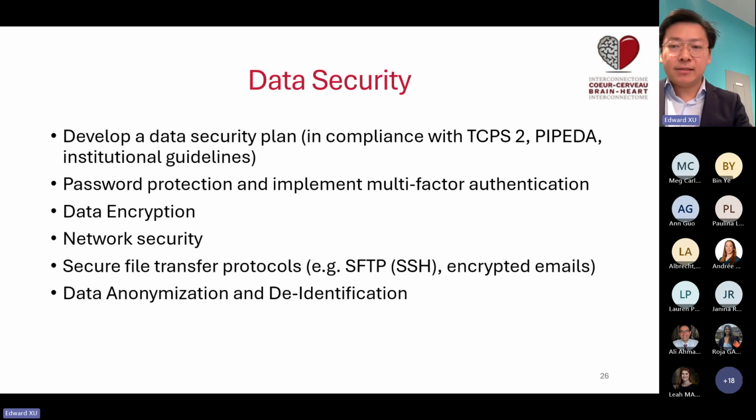When sharing sensitive data, use secure file transfer methods such as SFTP via SSH key or encrypted email services to protect data during transmission. And for data involving personally identifiable information, anonymization and de-identification steps are essential to protect privacy. This involves removing any personal information that could be used to identify individuals.